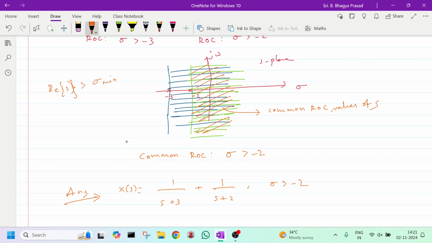Here the minimum pole is -2. So right side of this minimum pole, you can consider several right sided signals. For that, common ROC will be the right side of the least pole. Okay, right.